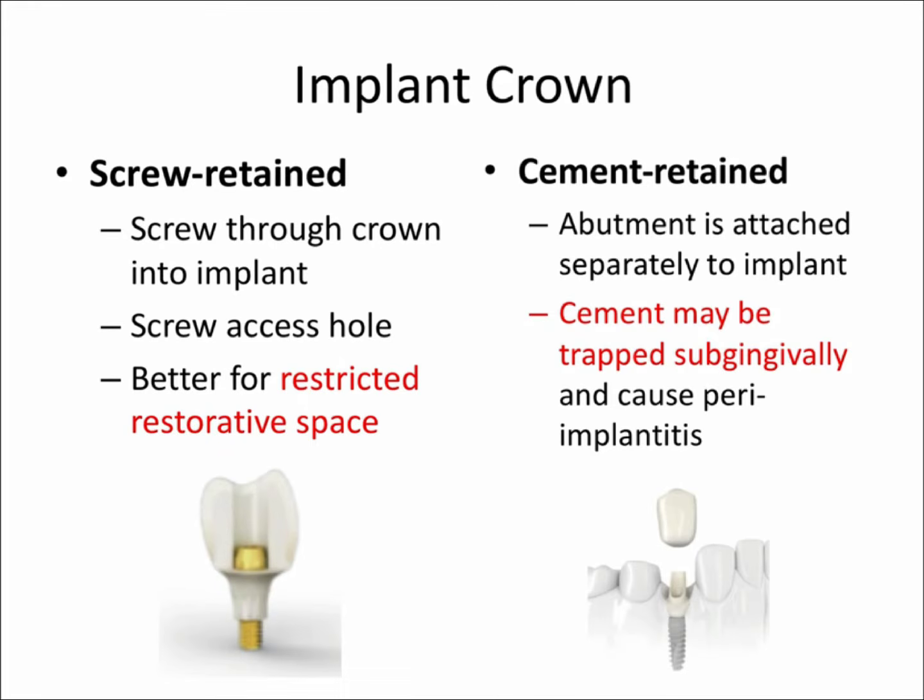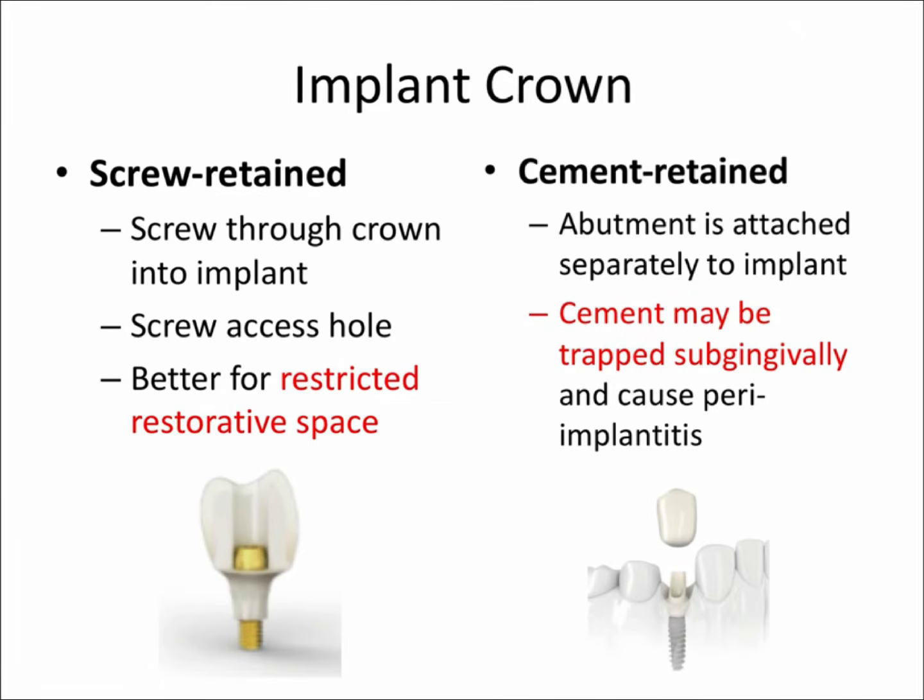So you need to position the access hole in a non-aesthetic area. Even though you can match the color somewhat with composite, you usually want to leave it a little bit distinguishable from the implant crown in case you had to go back and access that screw at a later time.